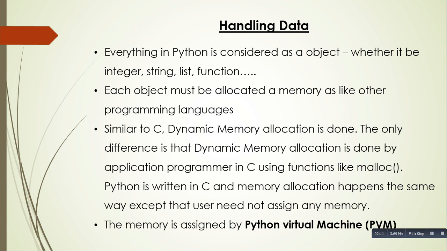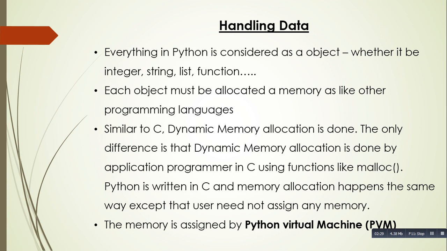Everything is an object, and this object is stored in memory and referenced by a variable. There could be a number of references associated with a specific object, which is what we discussed in the previous videos.